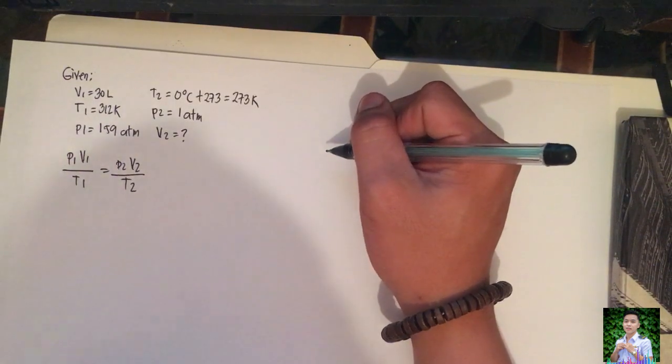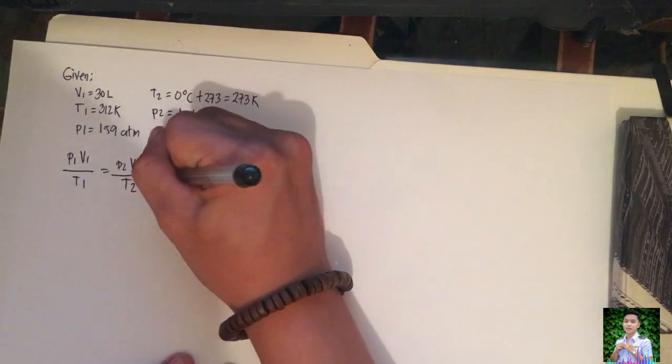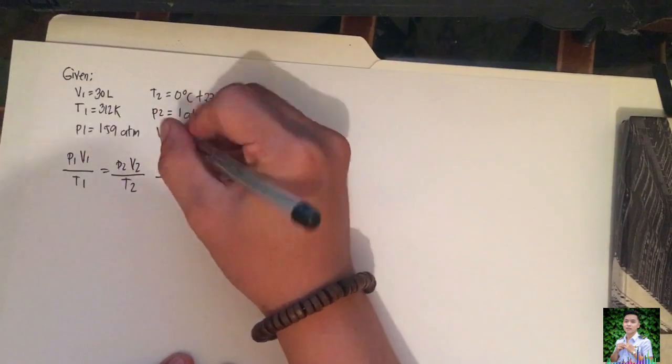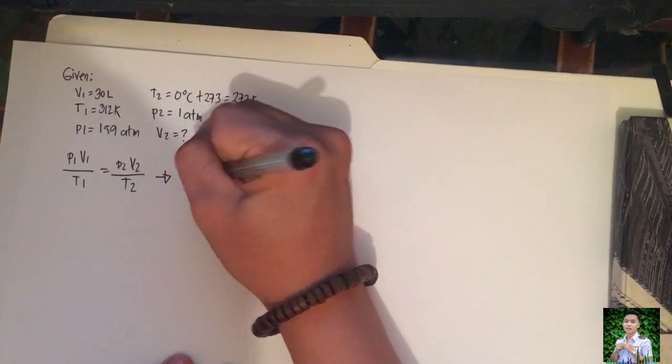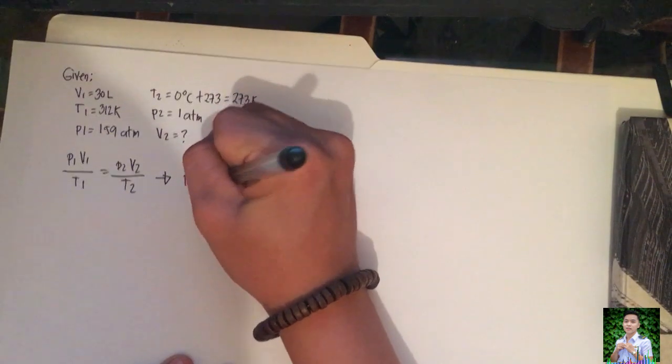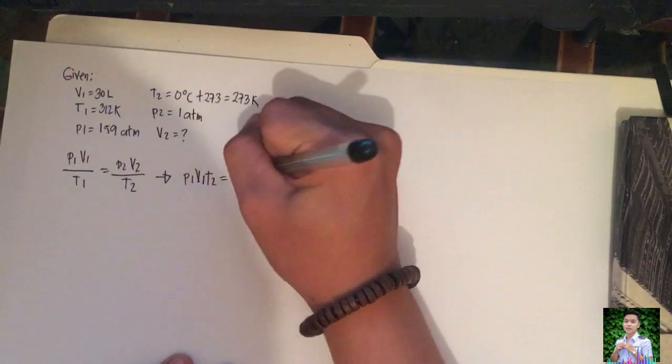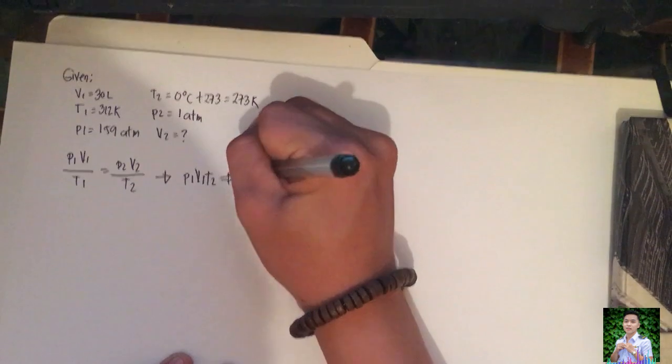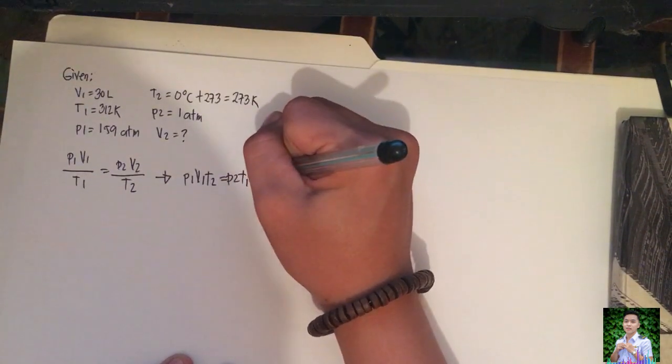Or by using cross multiplication, we have P1 V1 T2 is equal to P2 T1 V2.